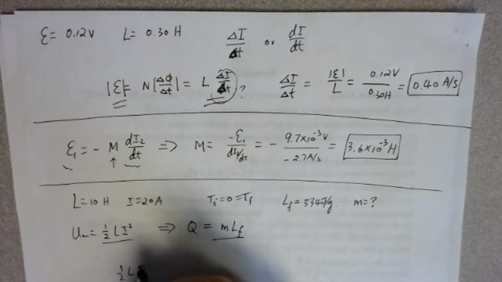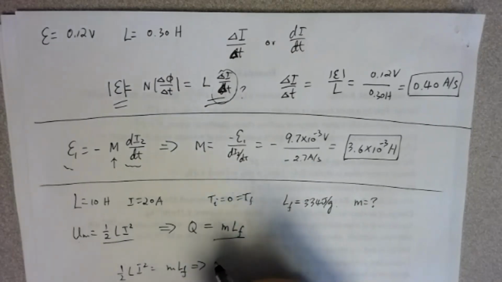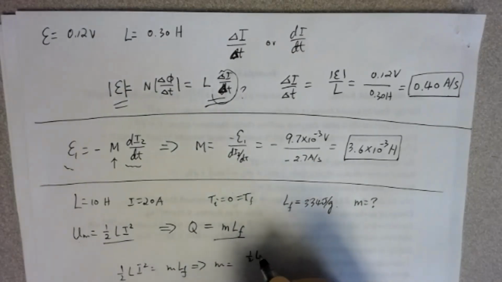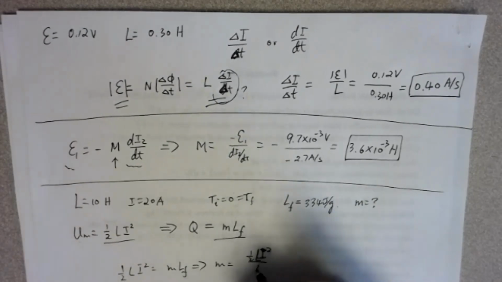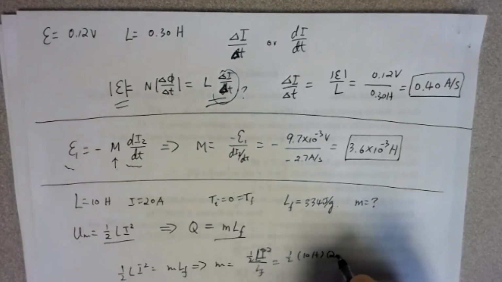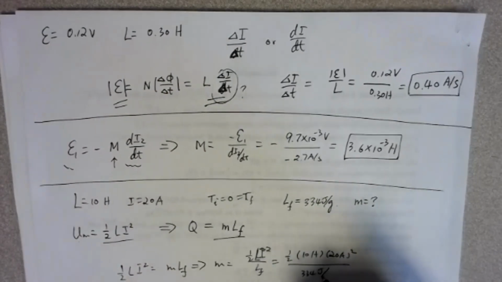So 1/2 L I squared equals m L_F. m then equals 1/2 L I squared divided by L_F. So 1/2 times 10 Henry times 20 amps squared over 334 joules per gram.